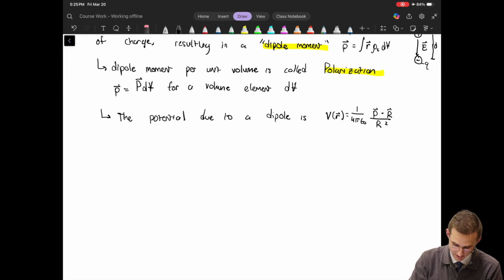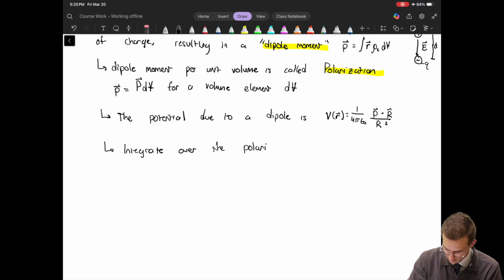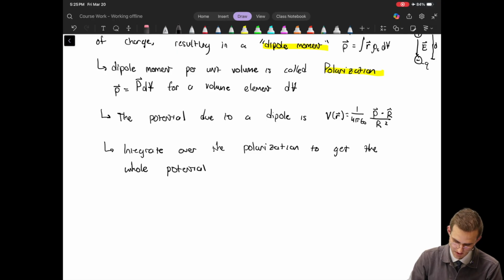Then what we want to do is integrate over the polarization to get the whole potential. What does that look like?